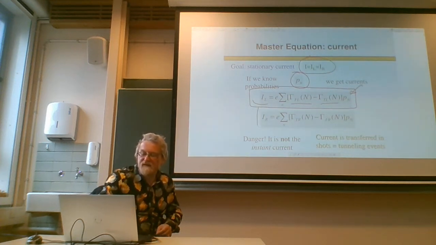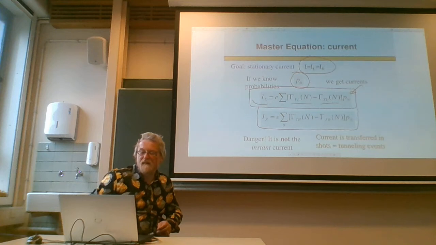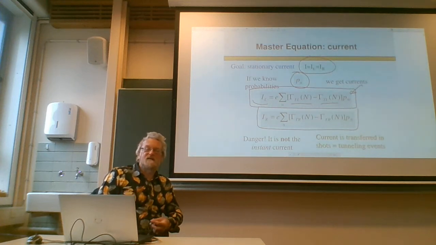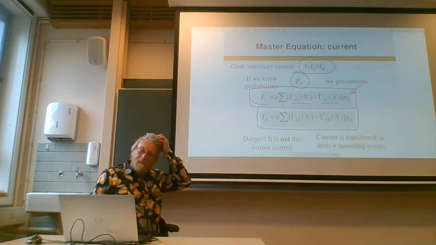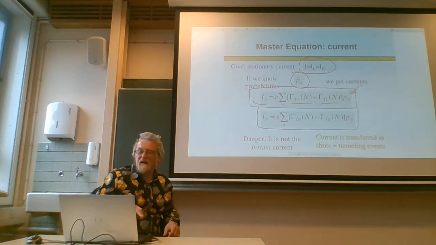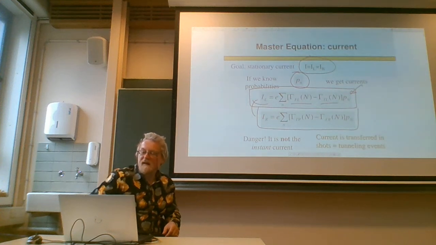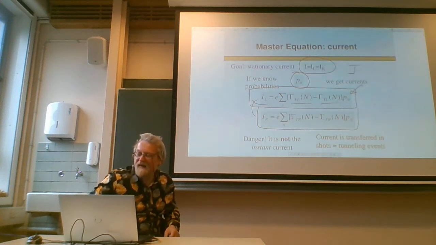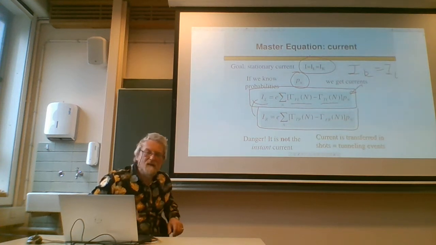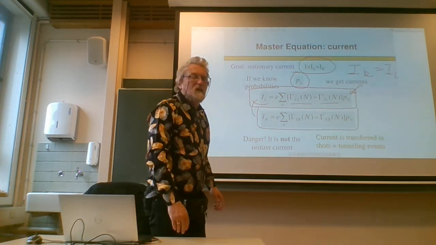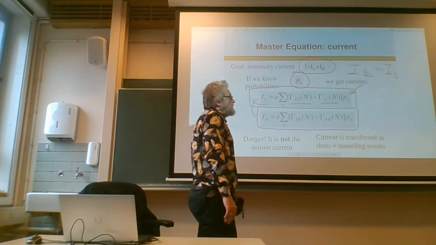The same we do with the current through the right junction. Well, if we compare these two expressions, it doesn't look like we really have this condition. Is there something wrong?